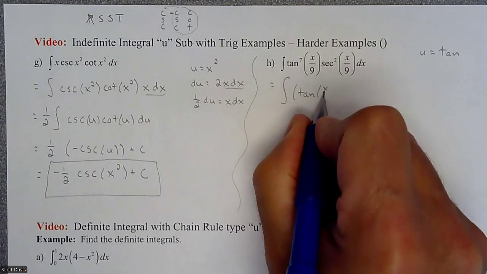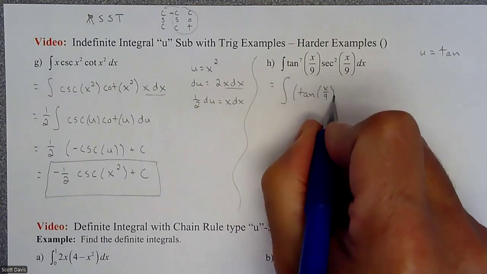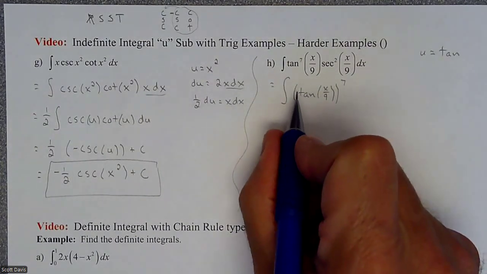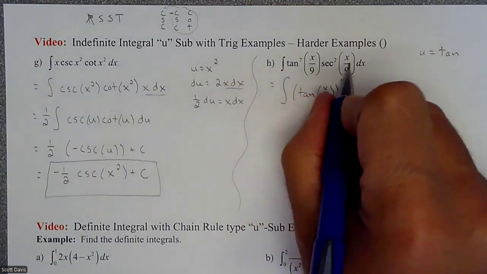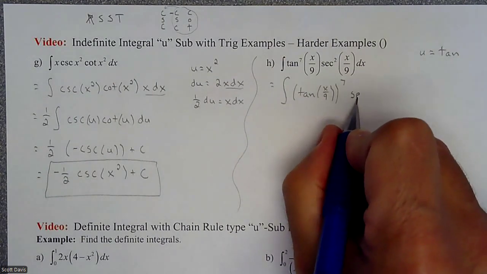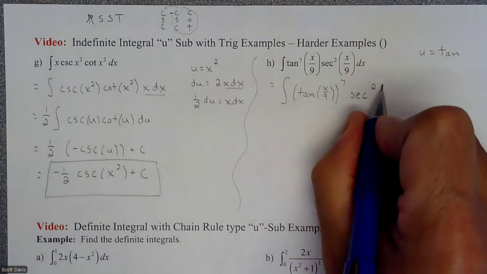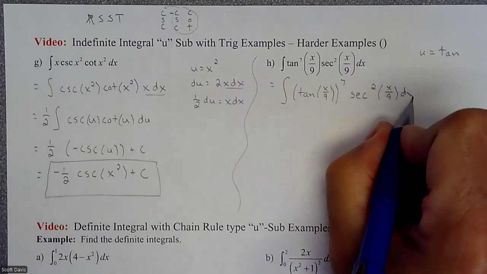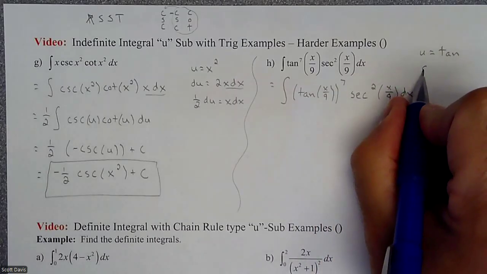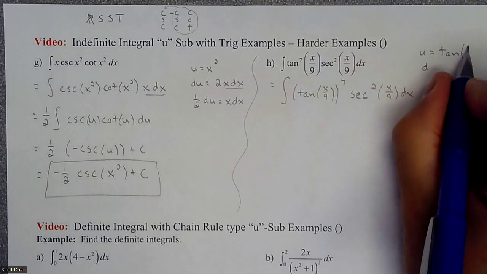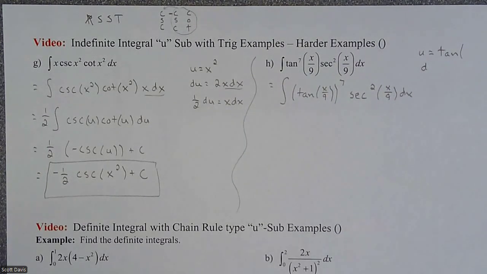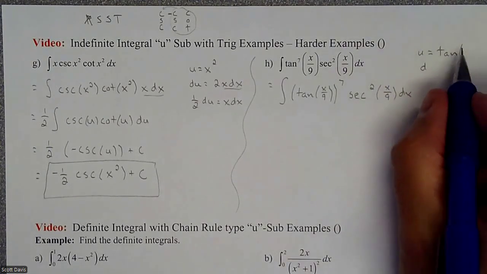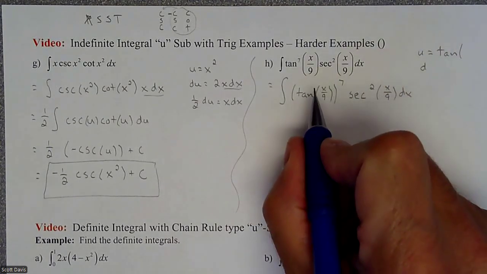If I just take this one, tangent of x over 9 to the 7th power. So if I do the derivative of tangent, I would get secant squared. Okay, so the derivative of u is du. Now, the tricky part is I kind of have a chain rule within a chain rule because of this x over 9.